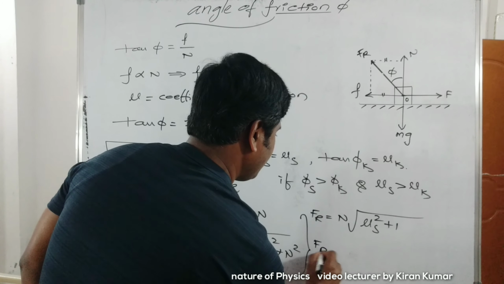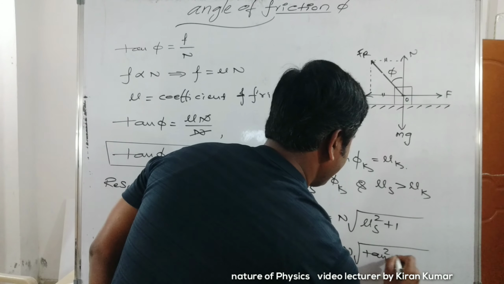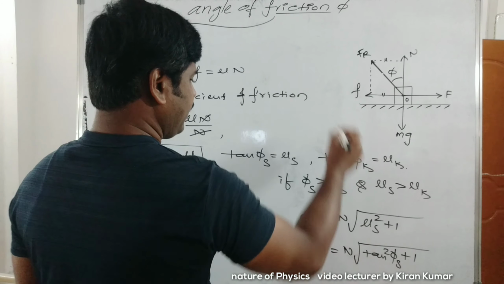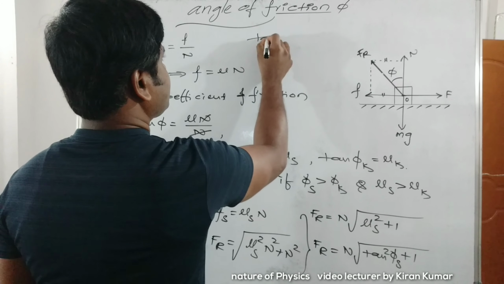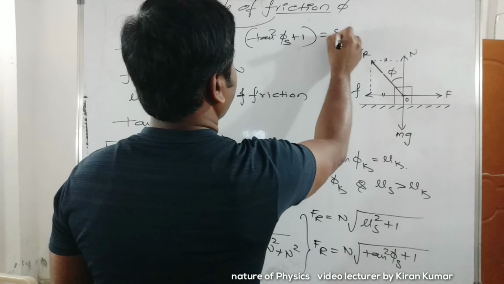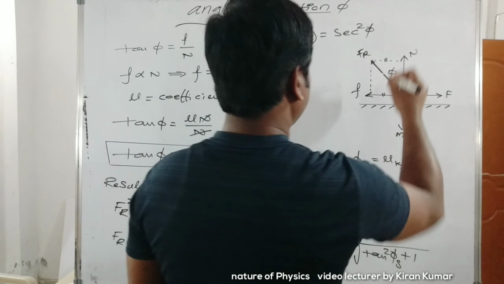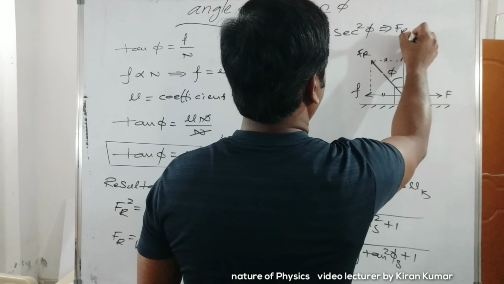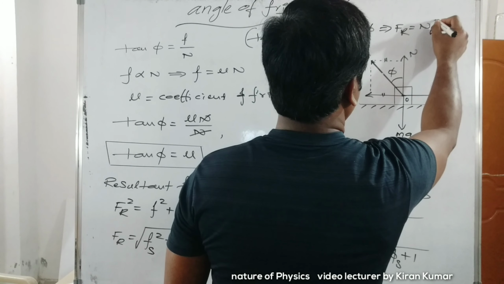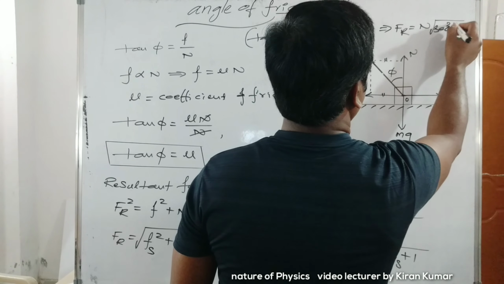So Fr is equal to N into root over tan square phi s plus 1. But tan square phi s plus 1 is equal to secant square phi s. Then the resultant equation is Fr equal to N root over secant square phi s.